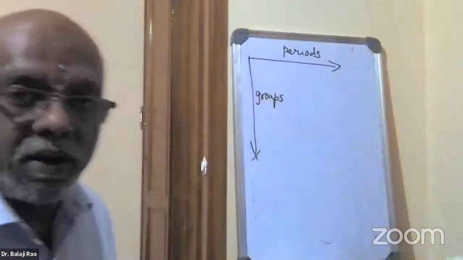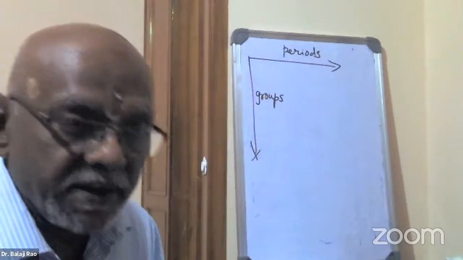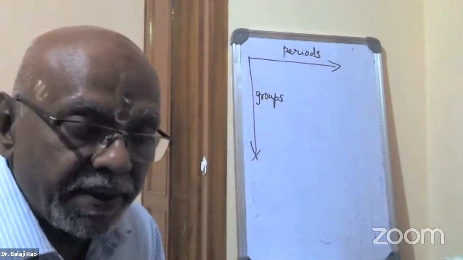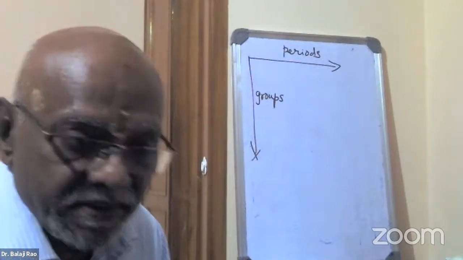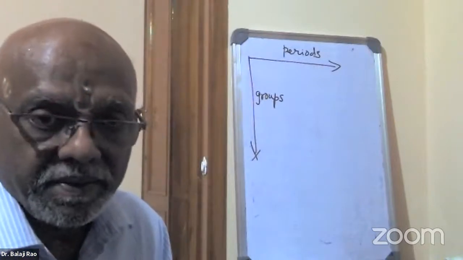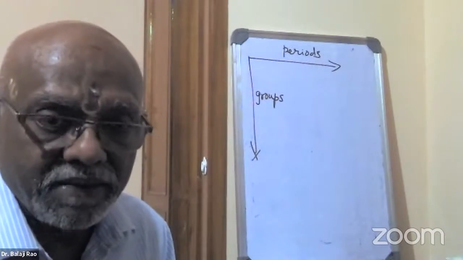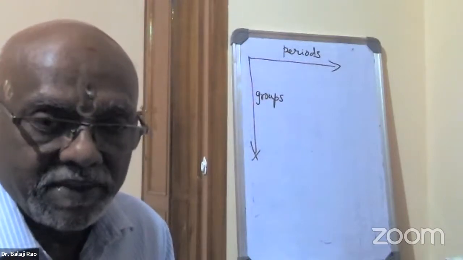So in the periodic table, vertical columns are called groups, horizontal lines are called periods. So when I say period, it means it is repetitive. Like you have in your timetable a period of 45 minutes, sometimes a period of 1 hour, depending on the convenience, usually 45 minutes.